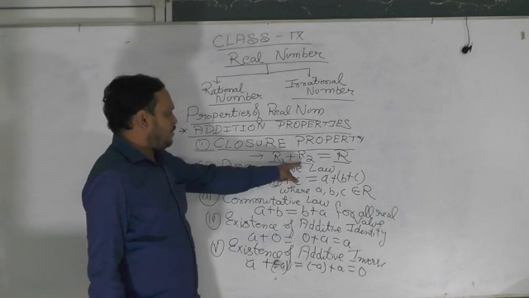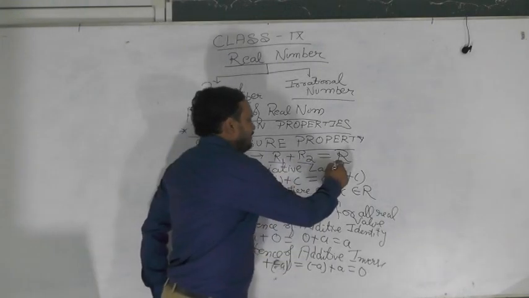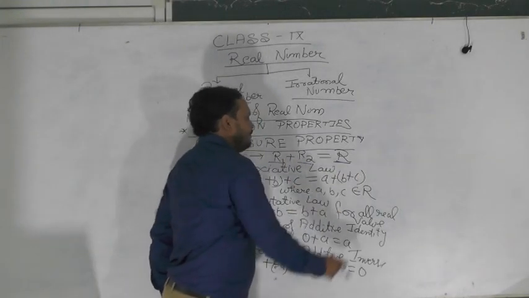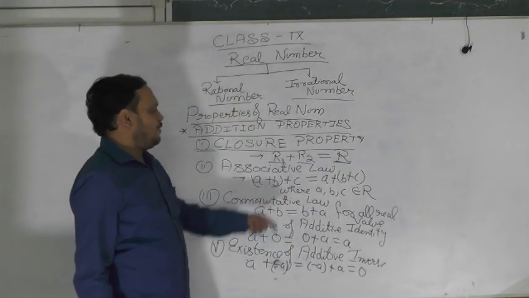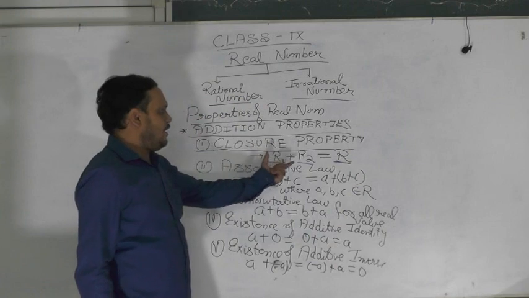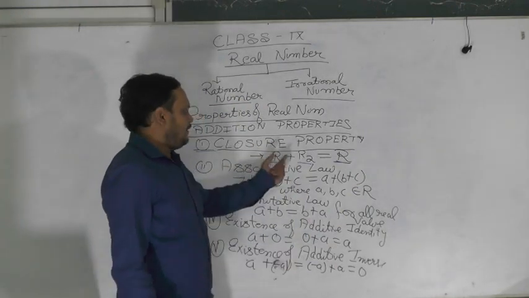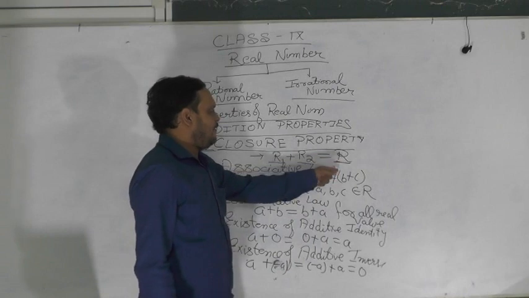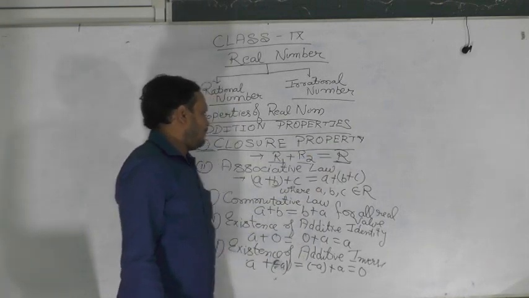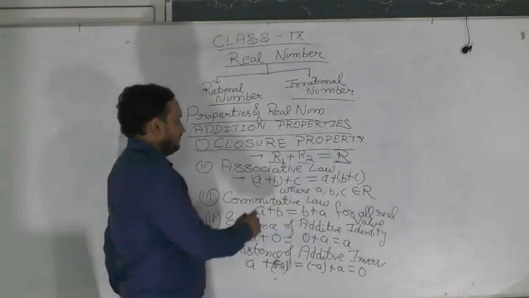If we add both real numbers, we get a real number. It means when two real numbers are added, the resultant will also be a real number.